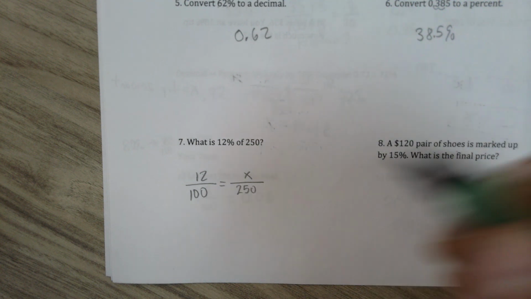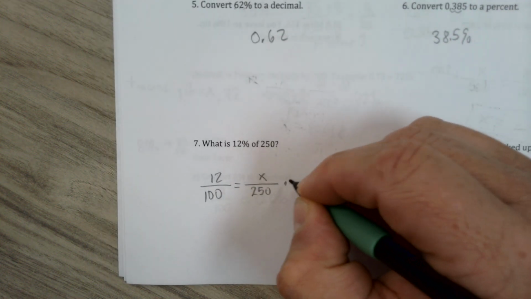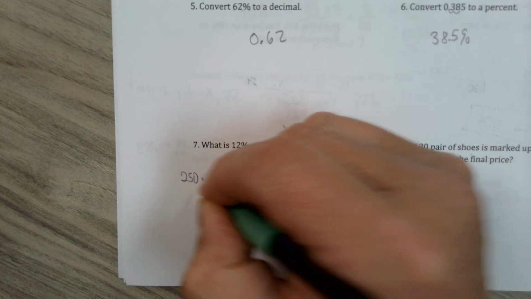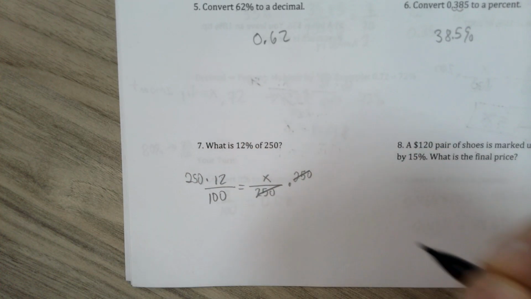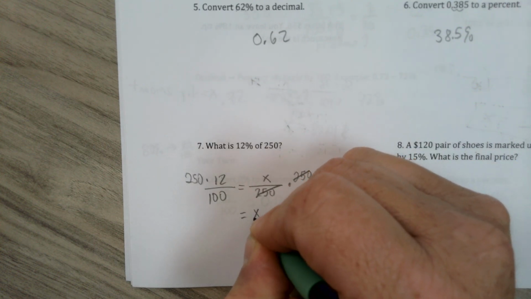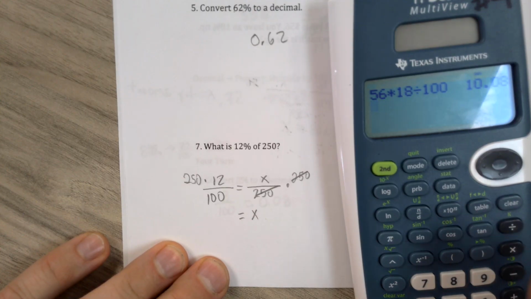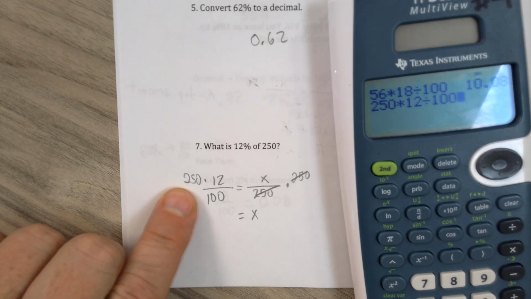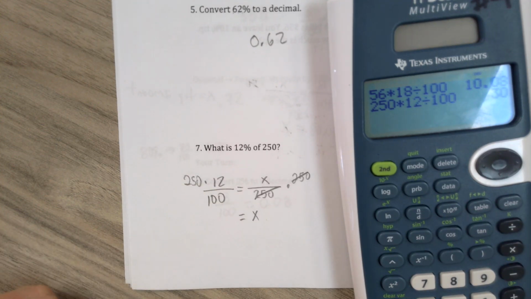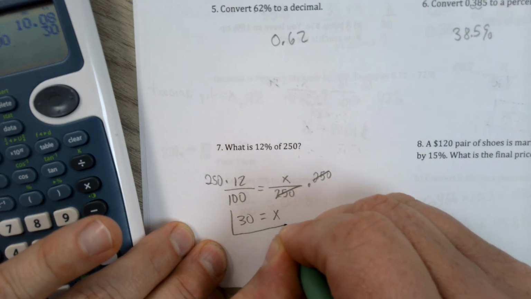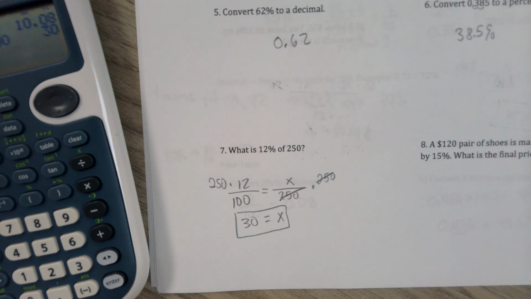And just like the other ones, to get rid of this bottom number, you just multiply by it to both sides. So 250 gets multiplied to both sides, and it cancels here, and we're just left with x. Over here, then we do 250 times 12 divided by 100, 30. So 12% of 250 is 30.